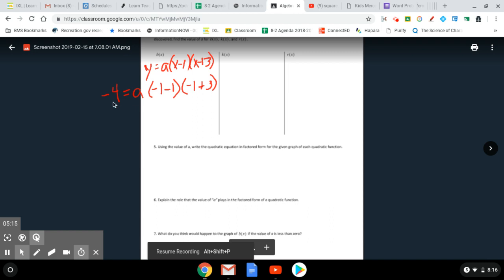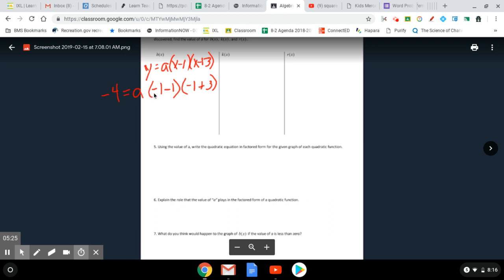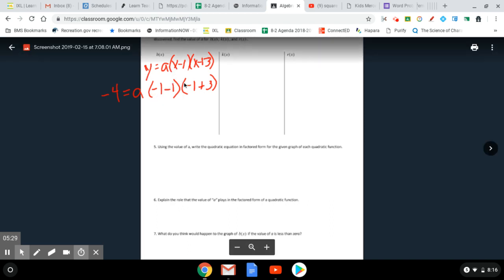So that gives me negative 4 equals a times negative 1 minus 1 times negative 1 plus 3. See, all I did, the vertex was negative 1, negative 4. So I put the negative 1 where the x's were, and I put the negative 4 where the y was.